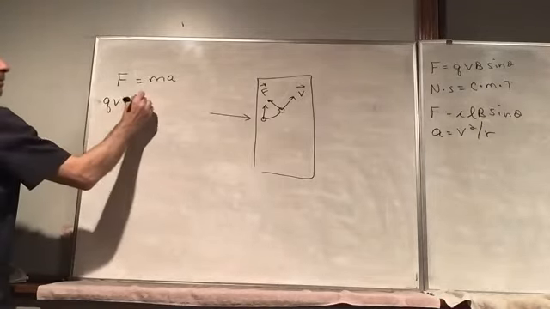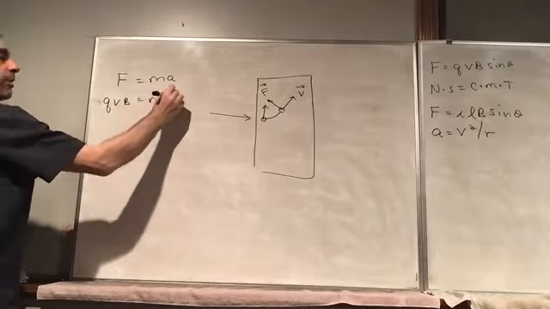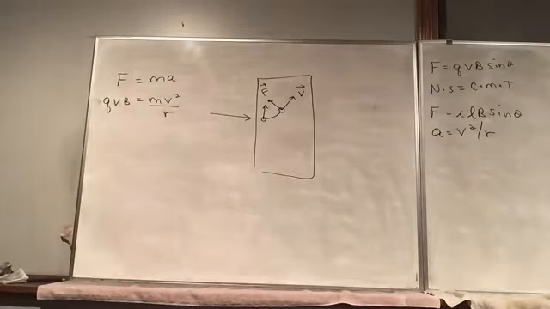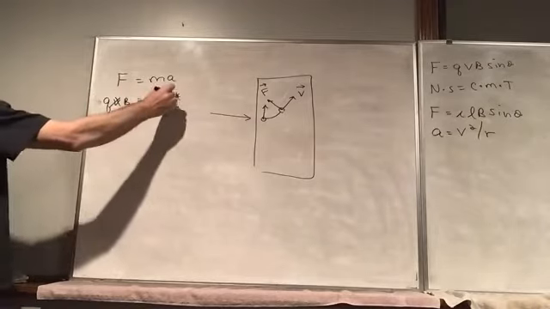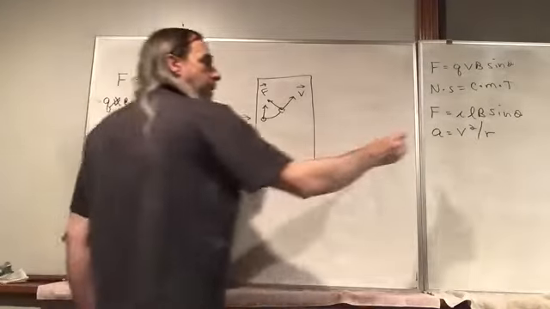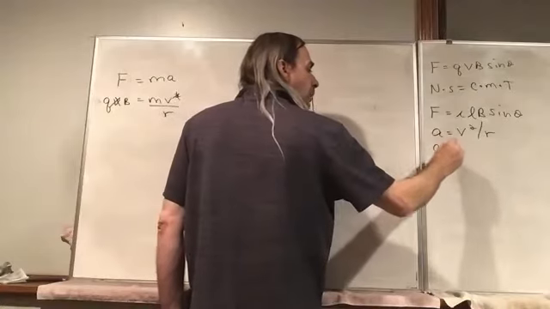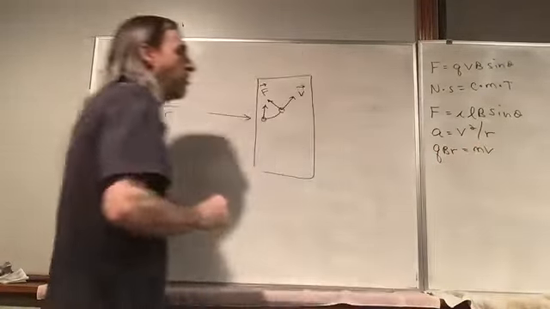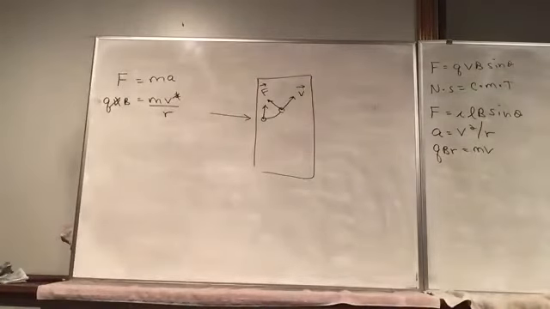And then we know the acceleration is v squared over r. So we can simplify this a little bit, cross off one velocity, and we can say that QBR equals mv for the circular motion type problem.